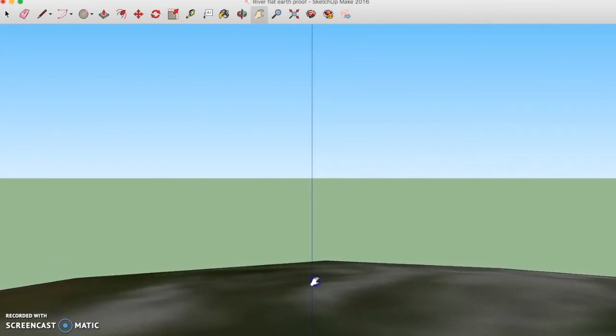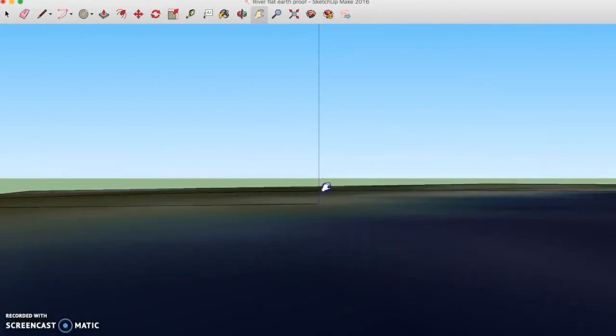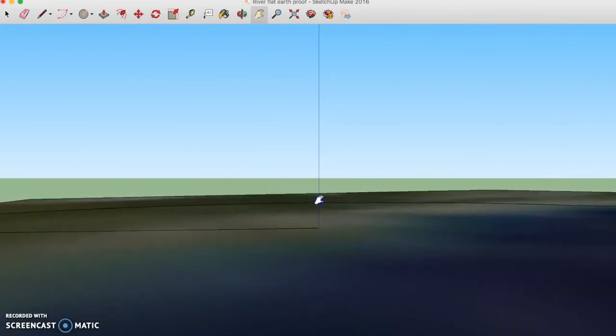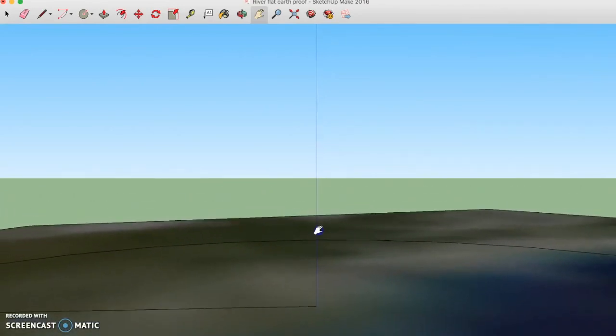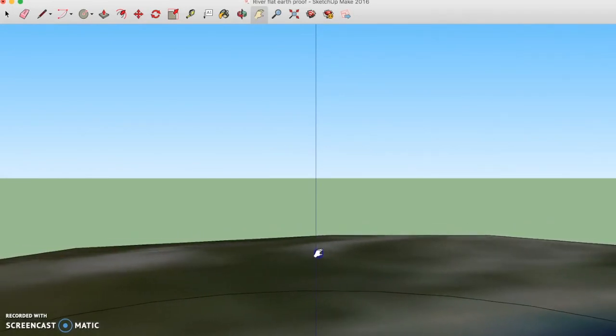Okay? Now this back here, this is the infinite flat plane. That's not moving. That's standing still. On a ball, the ball all around you, as you go up, the horizon would go down. Doesn't matter how much you go up, any amount that you go up, the horizon would go down.